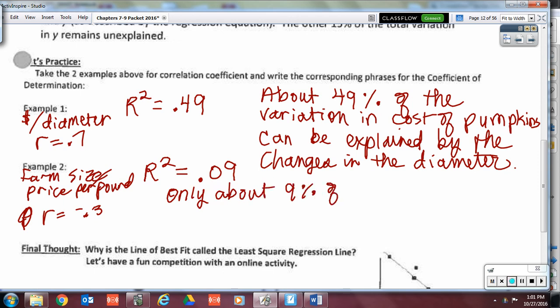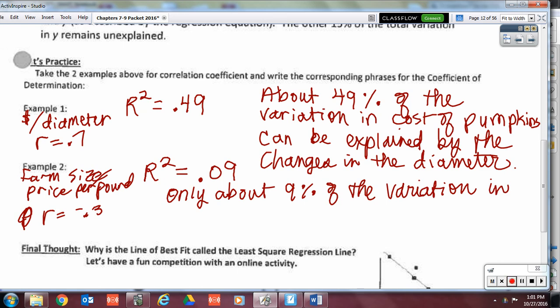9% of the variation in Y. What's that Y value? Nope. Y is the price per pound.